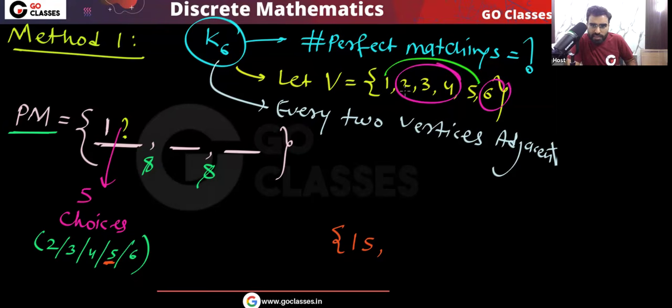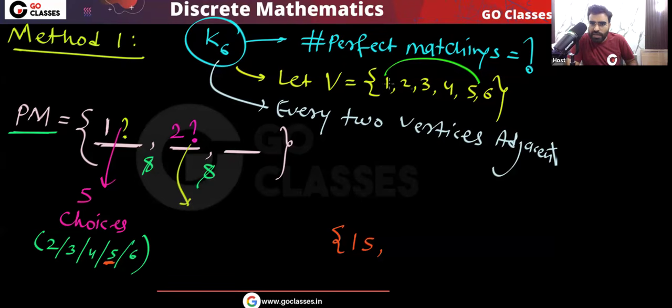I need to cover these remaining vertices also. So let's take the minimum numbered vertex, means let's find the partner of 2. In these remaining vertices, who is the minimum numbered vertex? That is 2. So let's find the partner of 2. How many choices do I have?